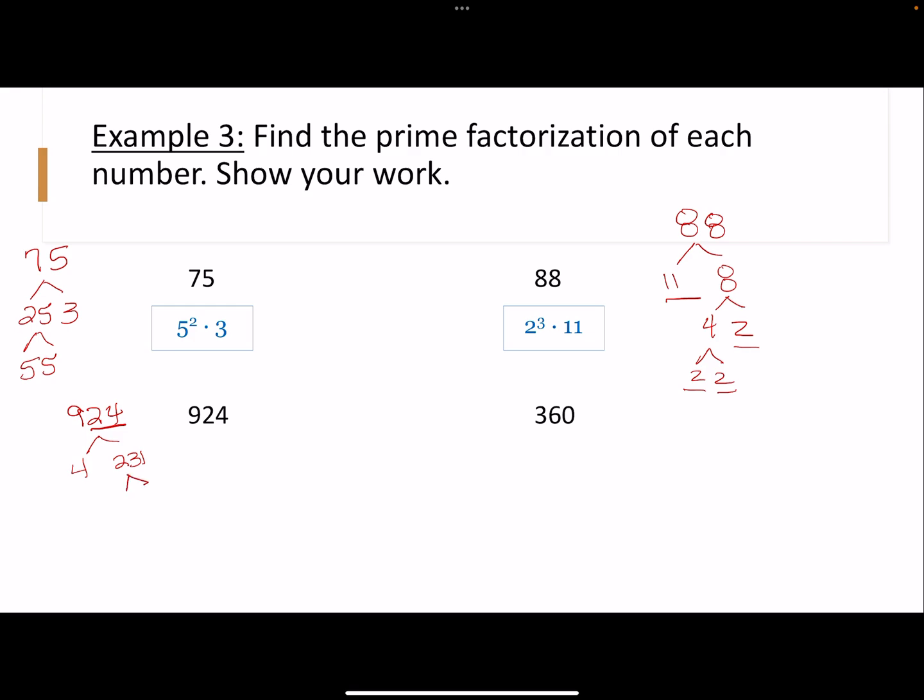231, just for my divisibility rules, if I add the digits up, 2, 3, 4, 5, 6, I know that it's divisible by 3. So let's take 231 and let's divide by 3. So what do we get?